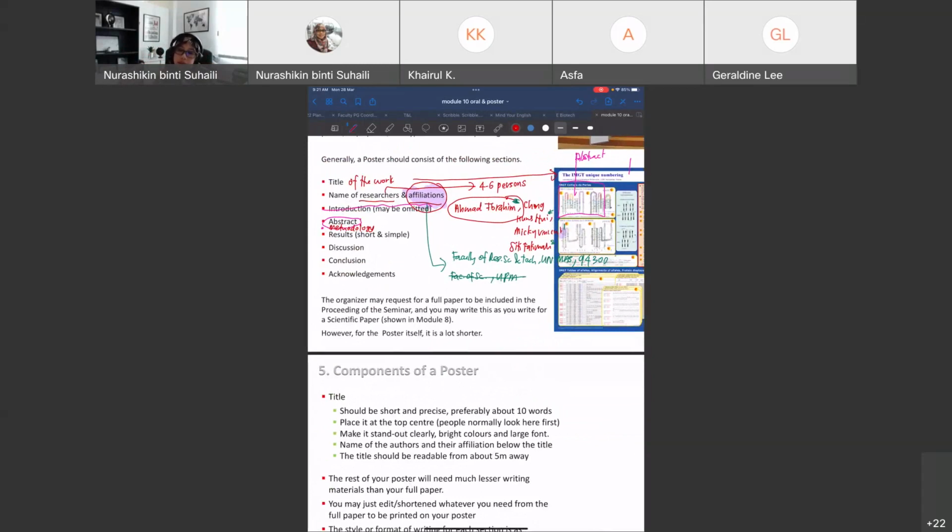Normally for a poster, it's not really ideal to have long paragraphs because no one will actually read the paragraphs on a poster.